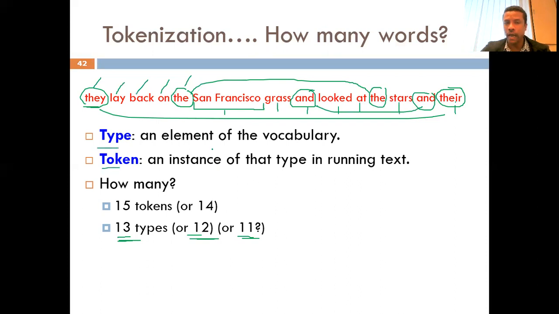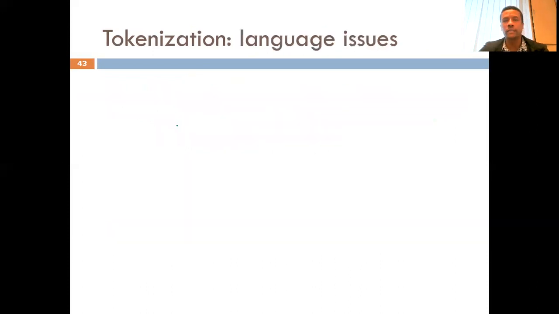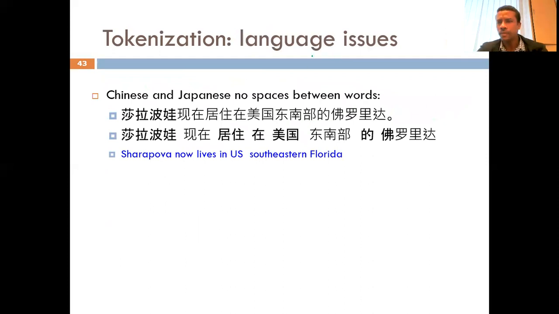For tokens, since we are concerned about instances, any number of times a word occurs, we are going to count it in such a way. So as we said, tokenization has a language issue because sometimes the Chinese and the Japanese might use a writing with no space between the words. So it's going to be difficult to identify where the word boundary is found.